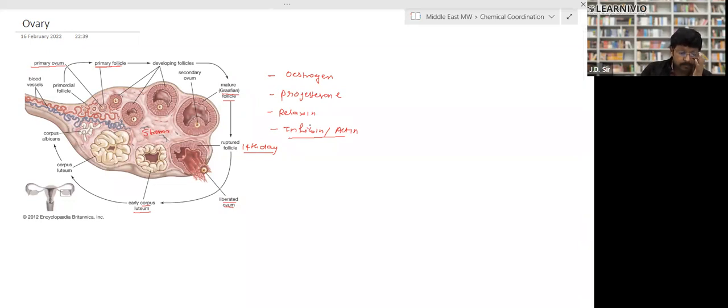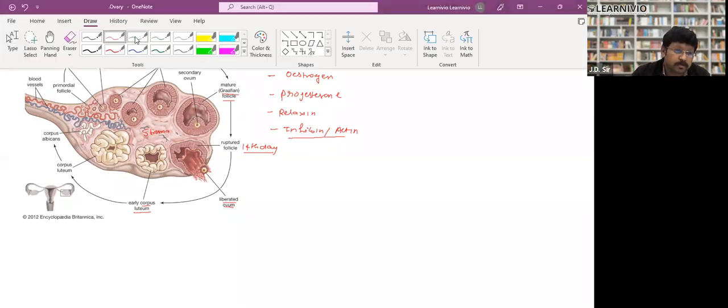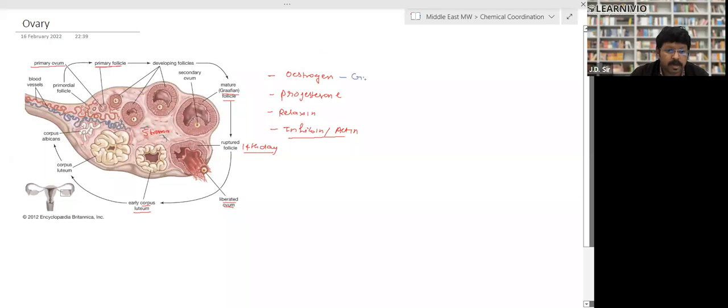Estrogens are secreted from the Graafian follicle. This one. Estrogens are secreted from the Graafian follicle.